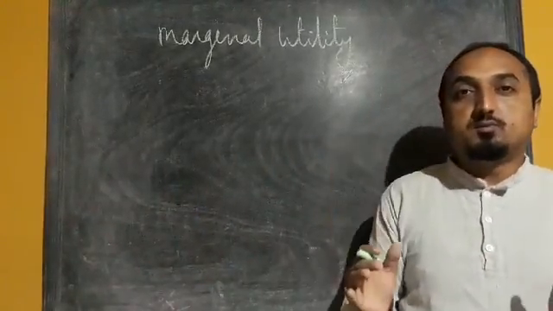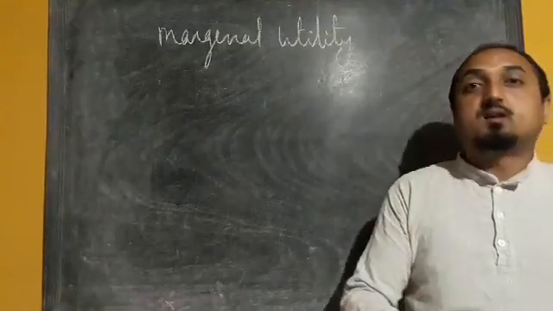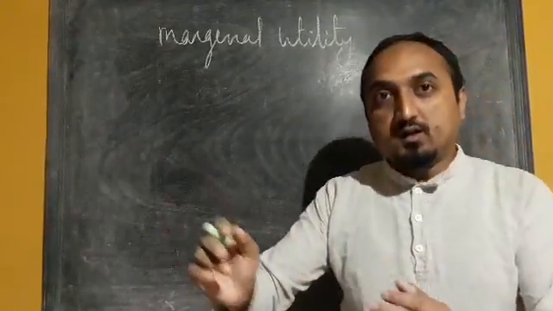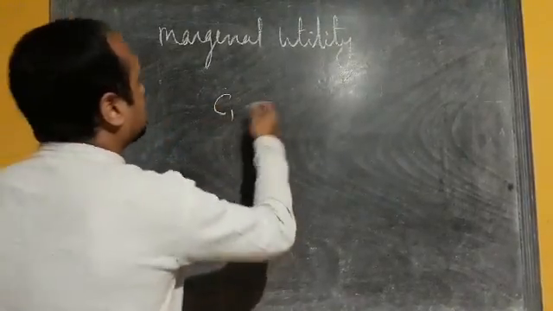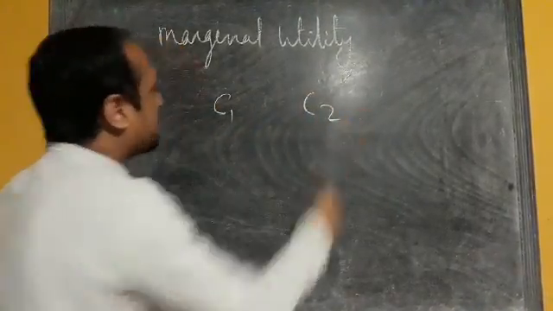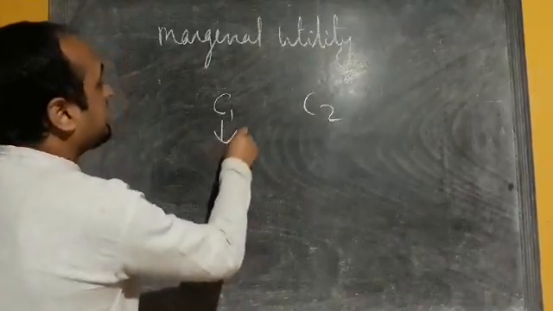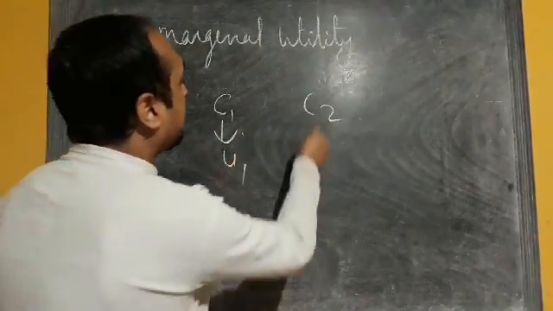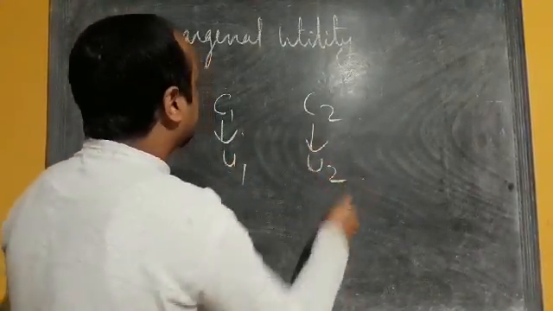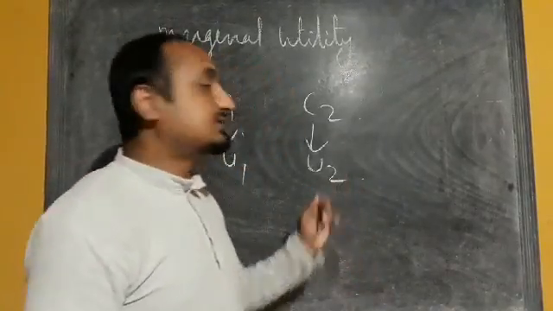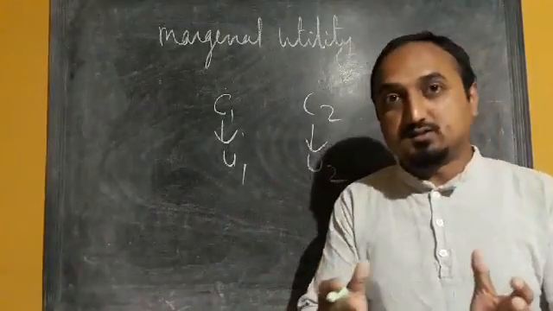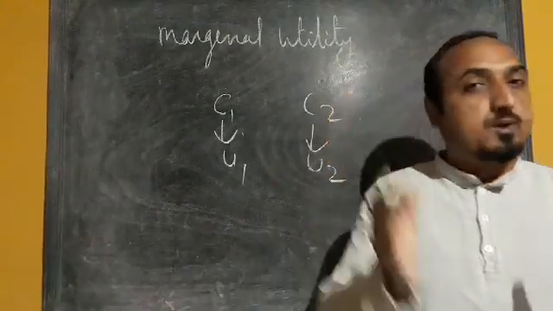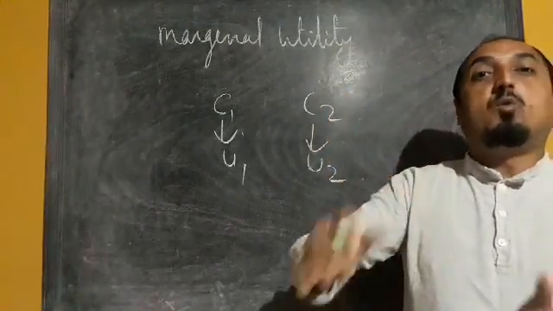So here we can say that when we are consuming different units of commodity, suppose 2 units, chapati 1 and chapati 2, you are getting U1 from the first unit and U2 from this second unit. So we can see the additional level of satisfaction obtained from consuming one more unit.